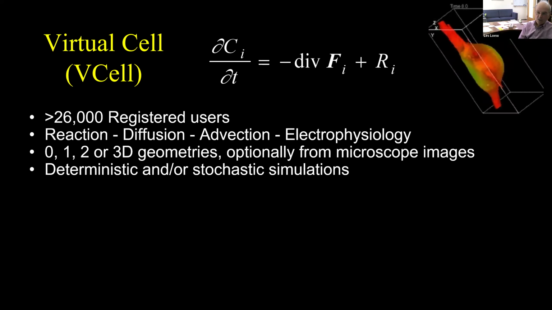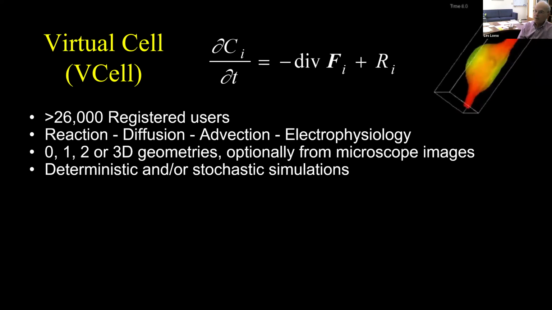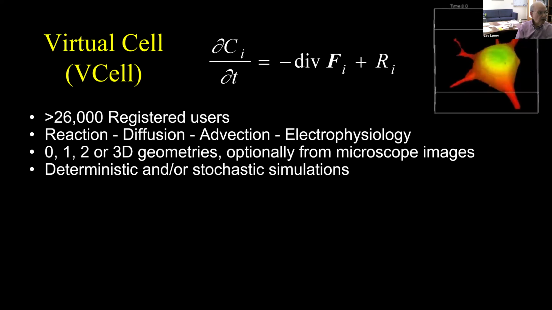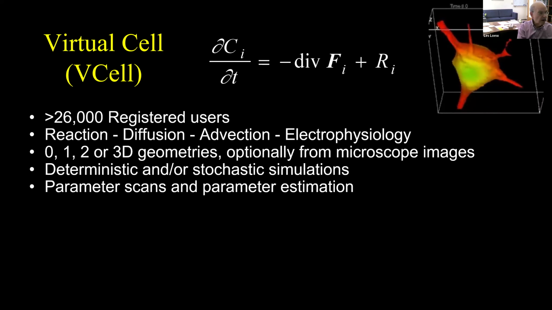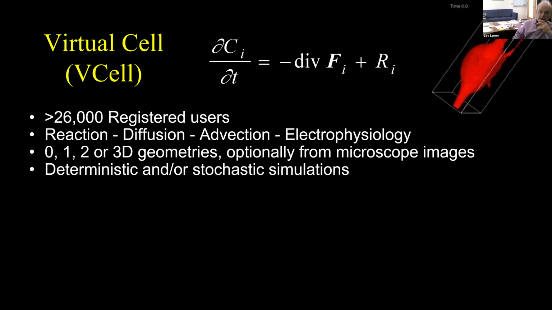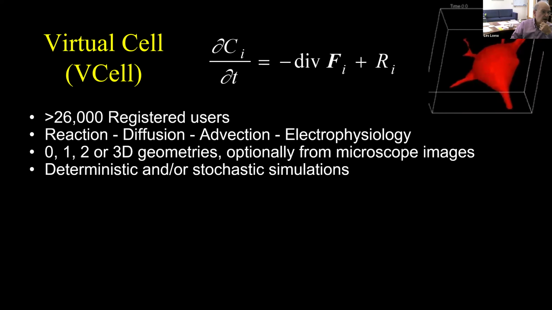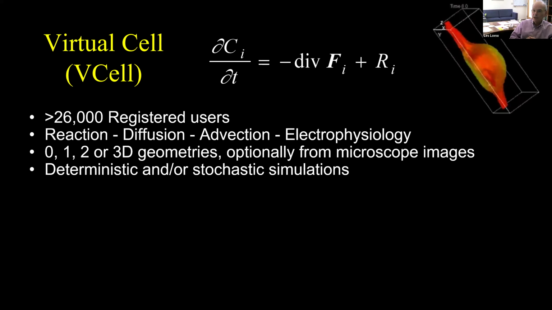And as I described deterministic and stochastic type problems, Virtual Cell can handle both, either with purely kinetic systems or in spatial geometries where, in the case of a stochastic simulation, you're dealing with Brownian dynamics. In the case of a continuous simulation, you're dealing with the solution of fixed laws.